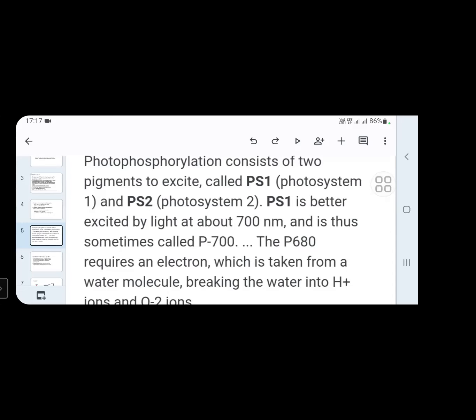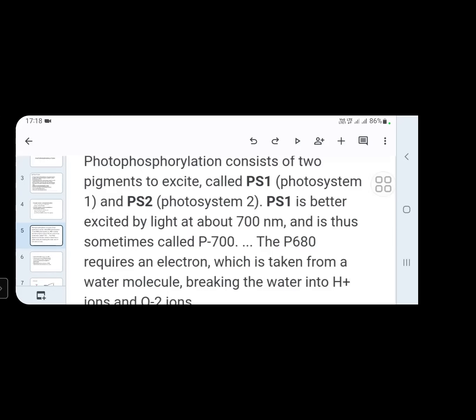PS1, or photosystem 1, is comprised of pigment protein complexes. Both PS1 and PS2 are protein complexes associated with reaction centers. The reaction centers are a small percentage of chlorophyll A molecules, capable of transferring electrons. PS1 contains chlorophyll A, a small amount of chlorophyll B, beta carotene, and some special chlorophyll molecules that absorb light at 700 nanometers.